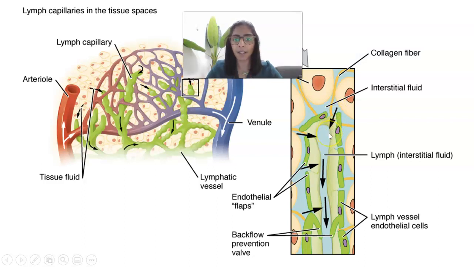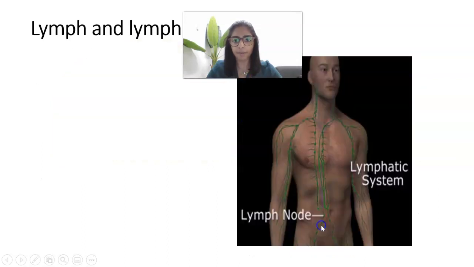When you have that absorption of tissue fluid from the interstitial fluid moving into the lymphatic system, it's now called lymph. And in that lymphatic vessel, we can see that we have valves pushing that lymph in one direction, the same as blood, and the valves crucially prevent any backflow.